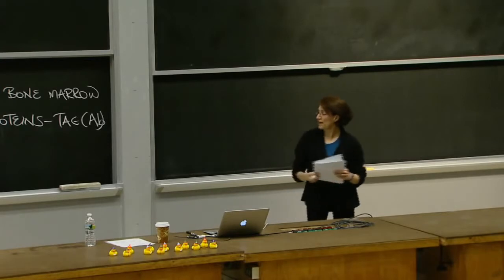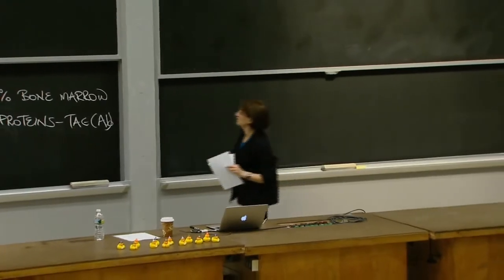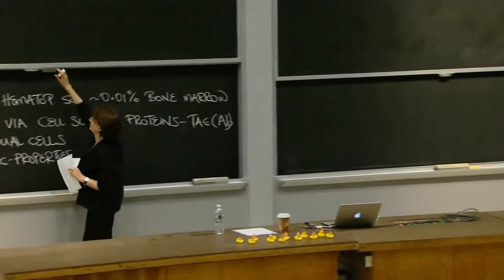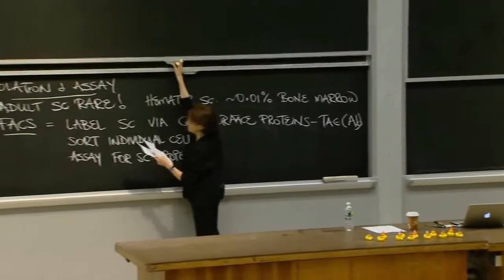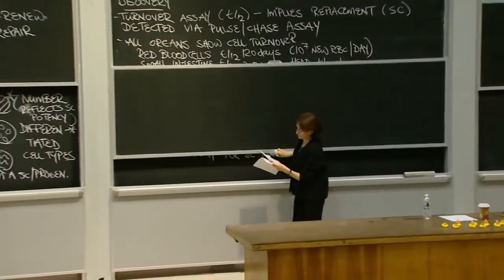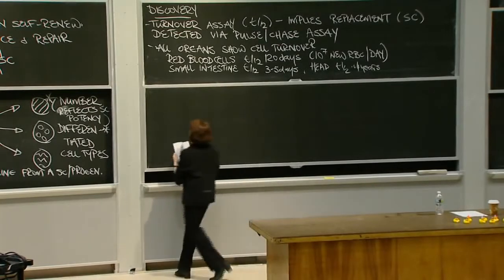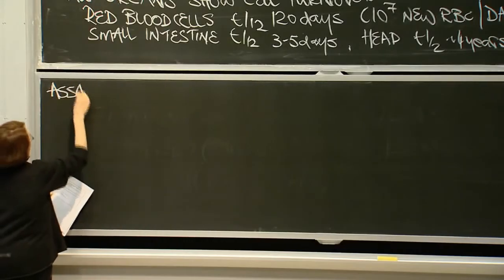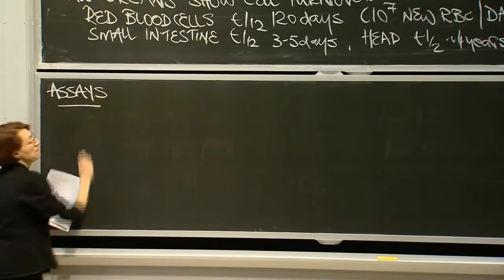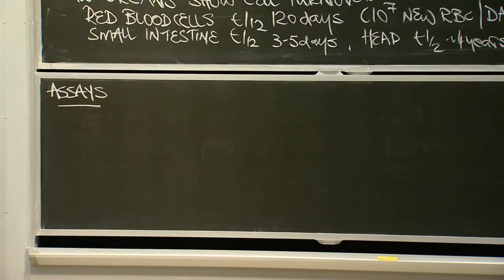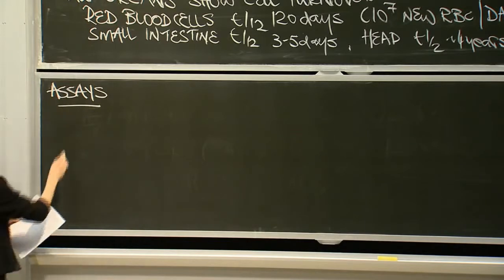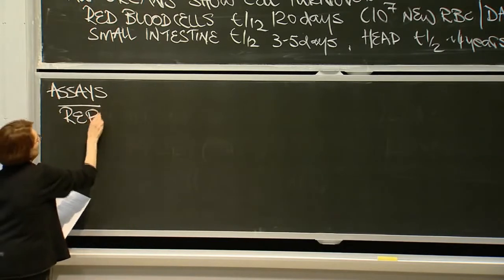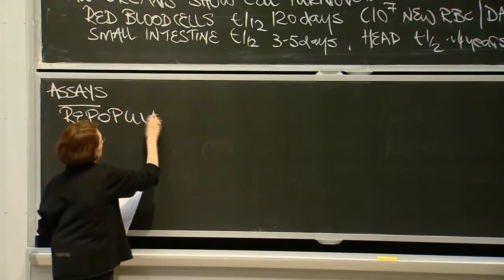So you've used your FACS machine. You've got cells that look as though they've got stem cell properties. And now, let's look at the assays that may be used. And there are 3 assays that you should know. One is a repopulation assay to test stem cellness.